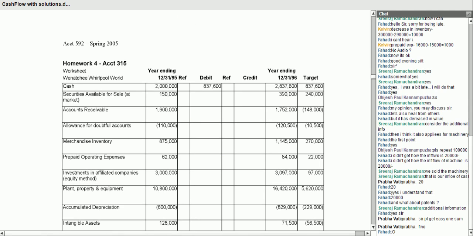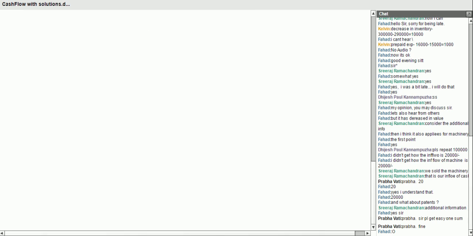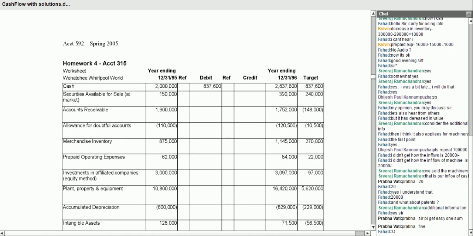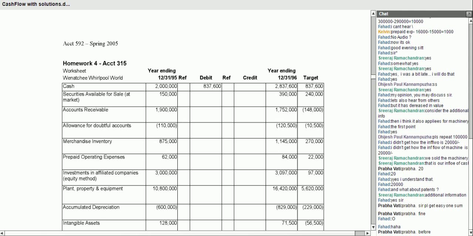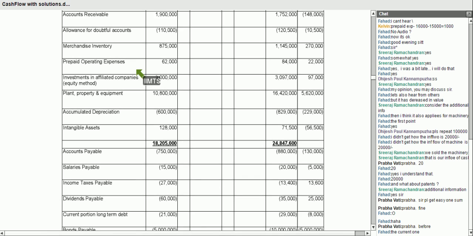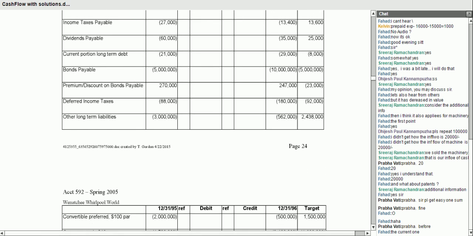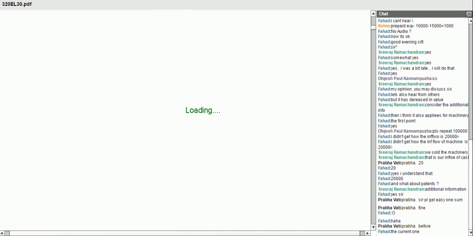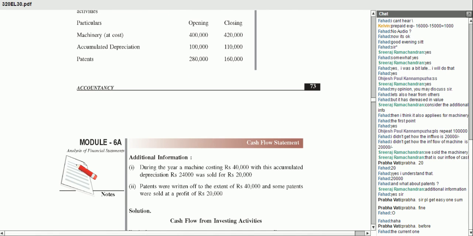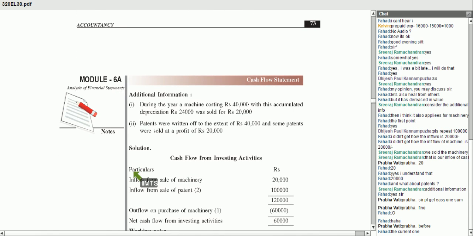So which one is easy, this one or this one? You can see how much calculation it takes. Okay, so let's proceed.